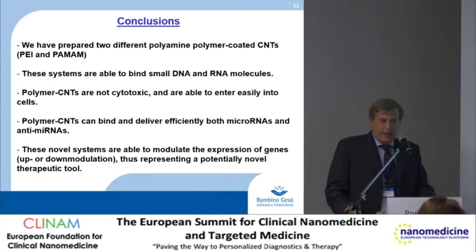Polymer carrier nanotubes are not cytotoxic, but on this point we have some reservations. We are not so sure, and they are able to enter easily within the cell. They can bind and deliver both microRNA and anti-microRNA efficiently. These novel systems are able to modulate gene expression, up or down, which represents a potentially novel therapeutic tool.